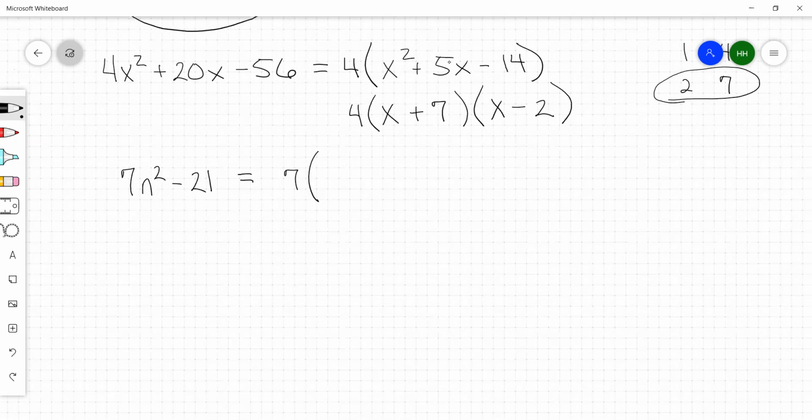So then we determine what goes inside the parentheses by dividing the 7 back into 7n squared. 7n squared divided by 7, the 7's cancel, you're just left with n squared. Minus, and then you divide 7 into 21, and that goes 3 times. And since n squared minus 3 can't be simplified, you are finished.